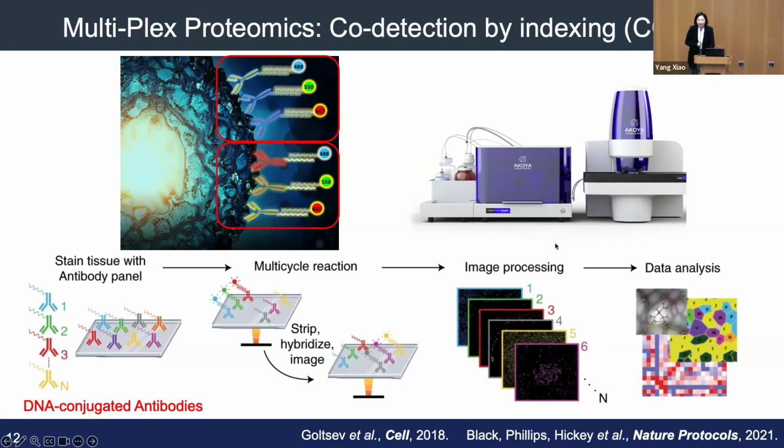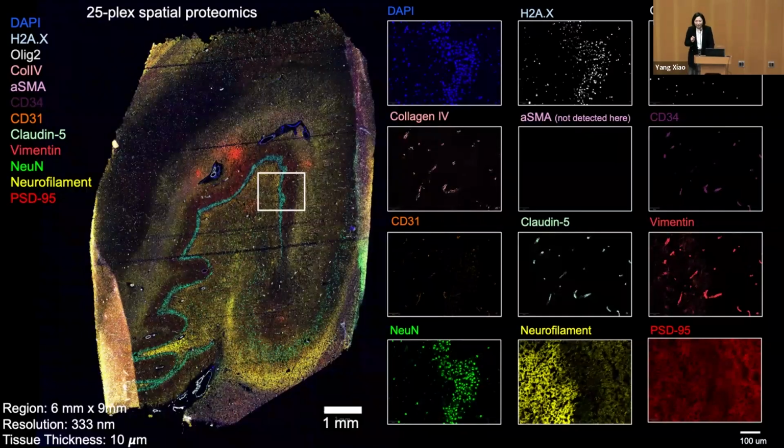The beauty of this is that it overcomes traditional IHC. Instead of just having 4 antibodies at the same time, we can look at as many antibodies as possible. The current limit is about 40 antibodies. The limit is mostly a financial decision, not a scientific decision, because one slice like this is centimeter scale.